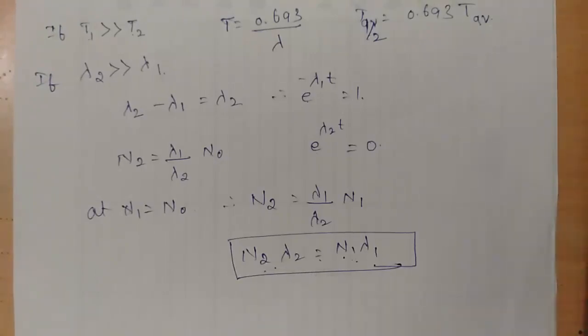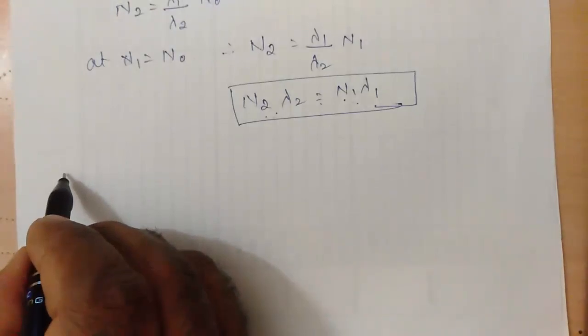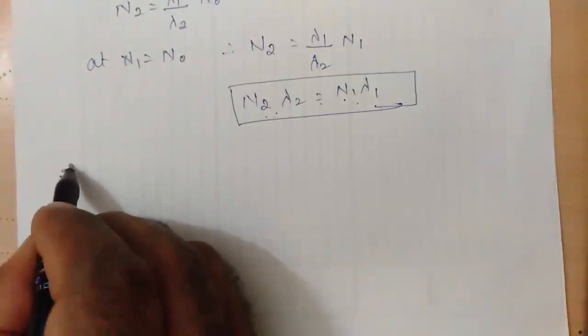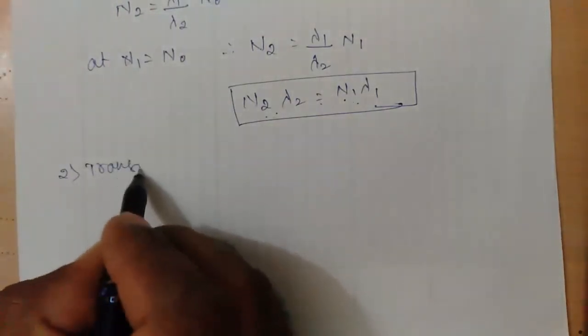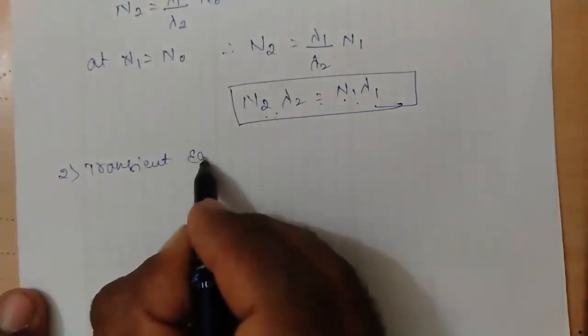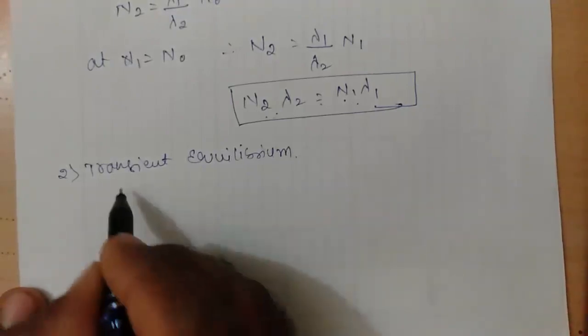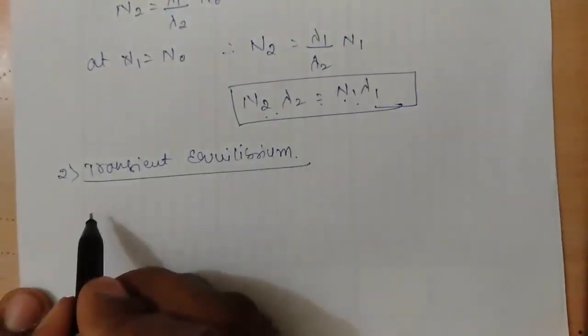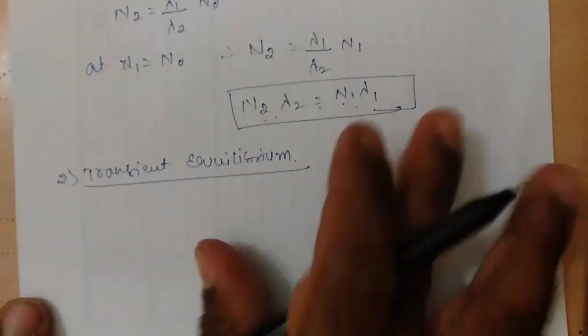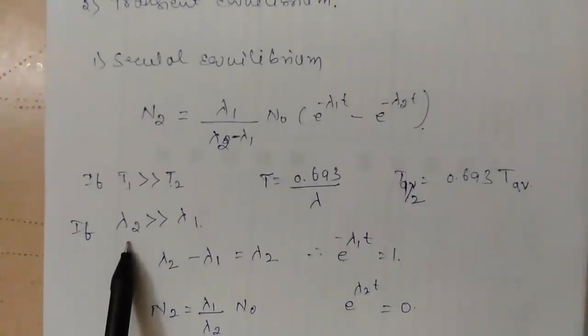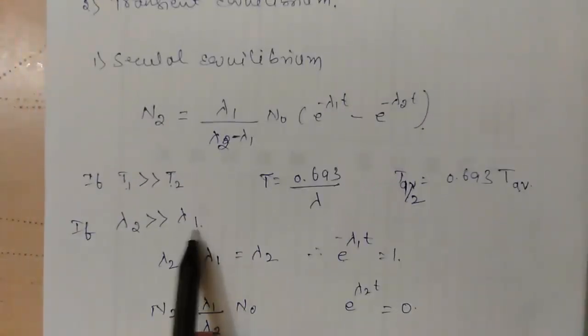So this type of condition is what we call secular or permanent equilibrium. Now the second type of equilibrium is what we call the transient equilibrium. See, initially, in the first case of equilibrium, we have taken that lambda 2 is very much greater than lambda 1.